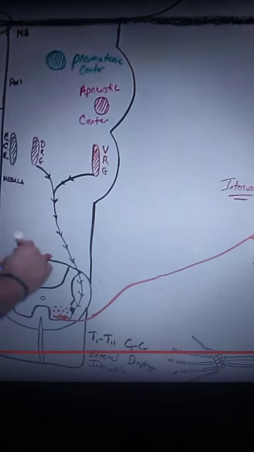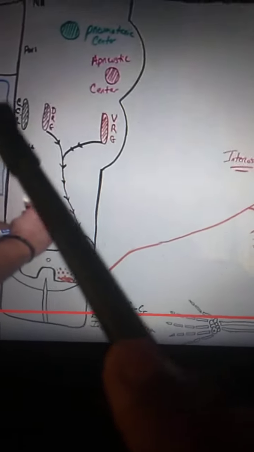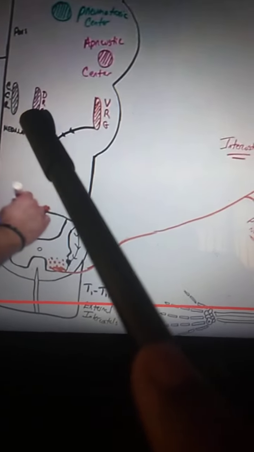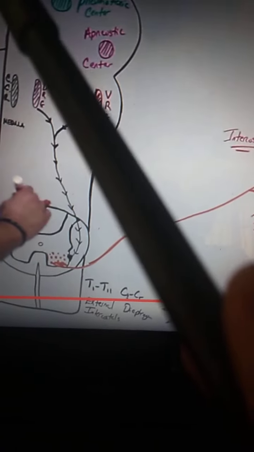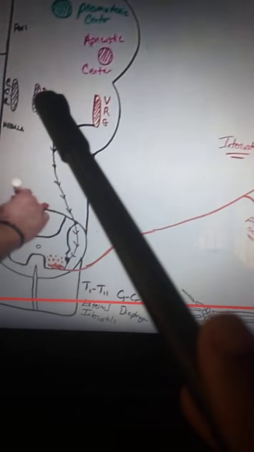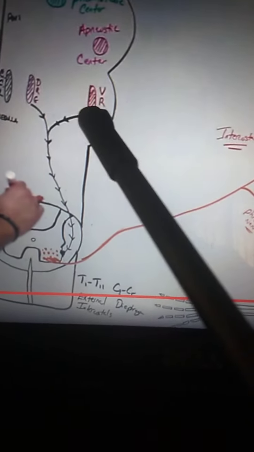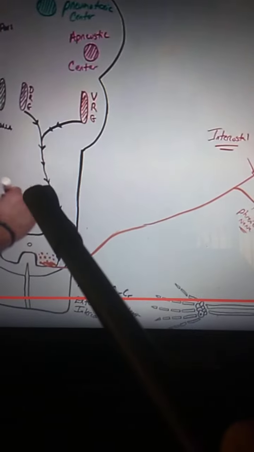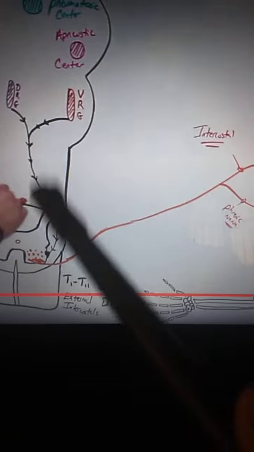Now, again, any impulse which activates the central chemoreceptors will activate the dorsal respiratory center, and that dorsal respiratory center will in turn activate the ventral respiratory center, and together they will create action potentials.